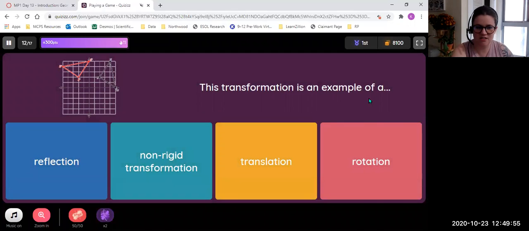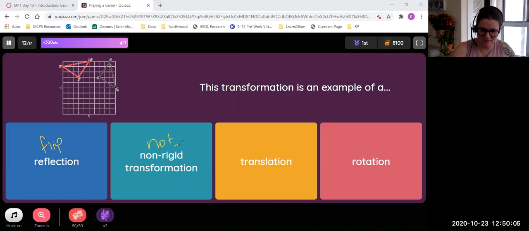This transformation is an example of what? All right. Is it flipping? Is it not something we've studied? Is it sliding? Oops, not flipping, sliding. Or is it turning?